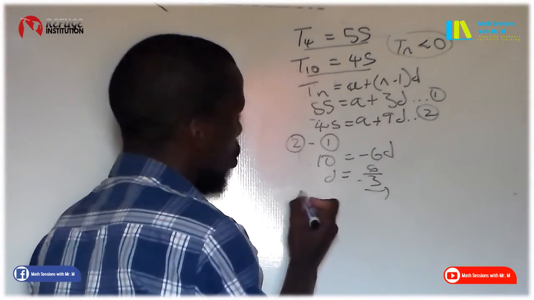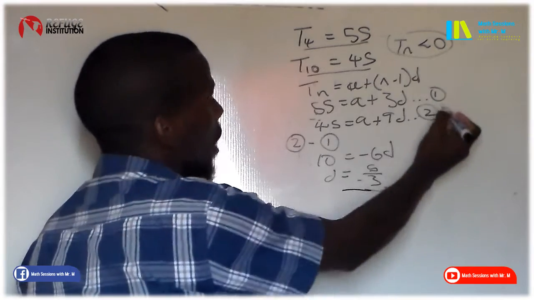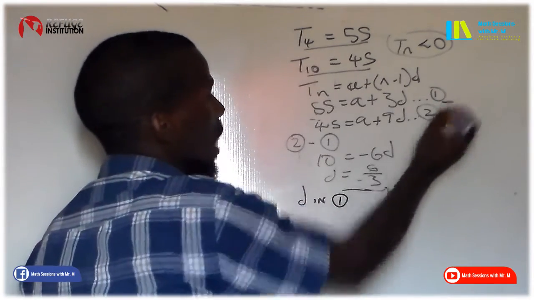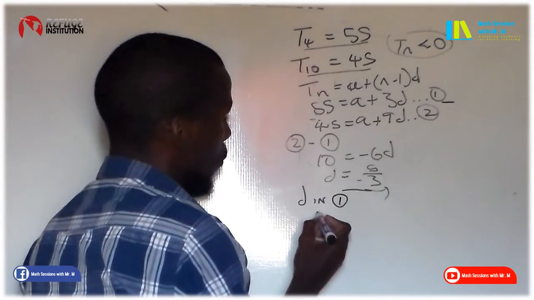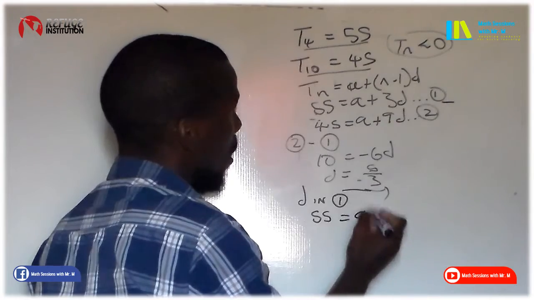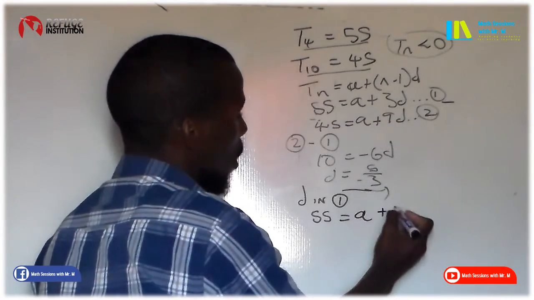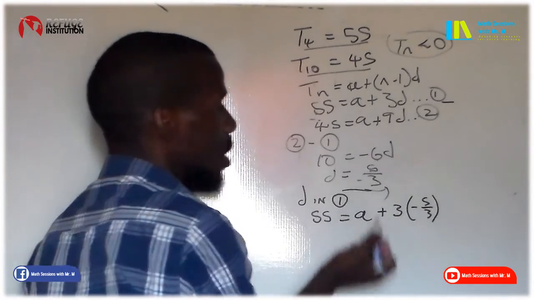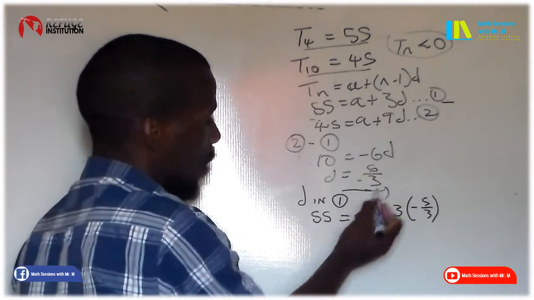We are going to substitute d into equation 1, which is right here. So we have 55 equals a plus 3 multiplied by negative 5 over 3, substituting in place of d, because we have already found d.